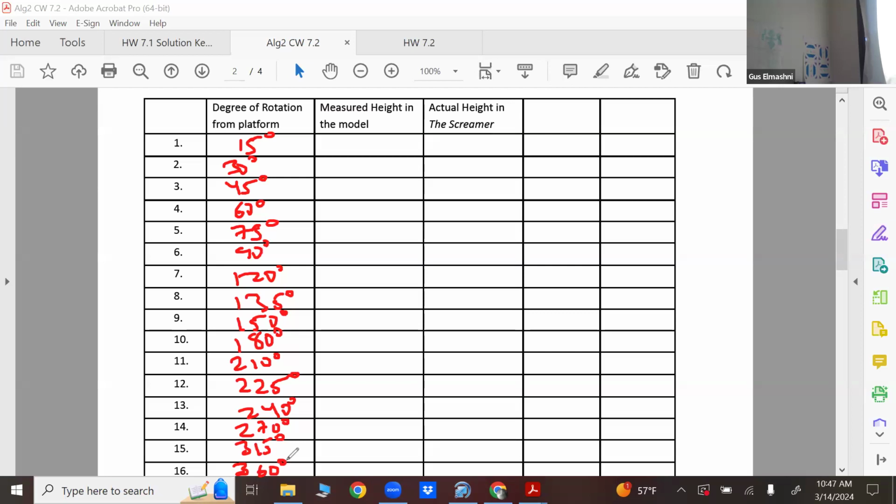Okay. So yeah, what you should do first is take the paper and the plastic, and line up in such a way, wherever you want. Line up to see at 15 degrees.